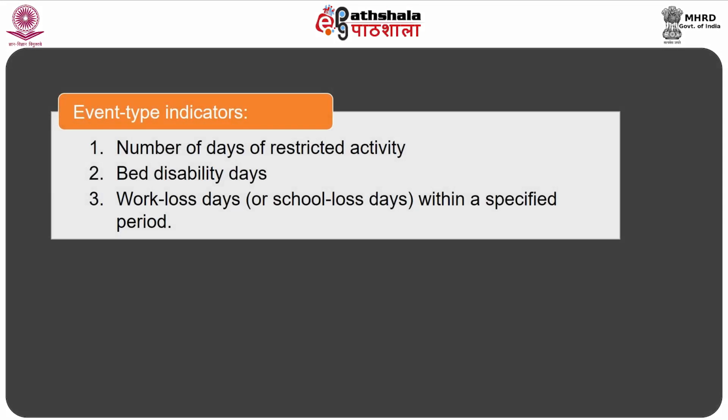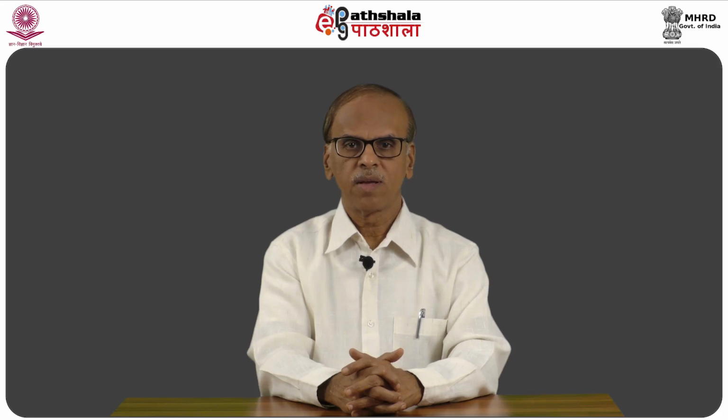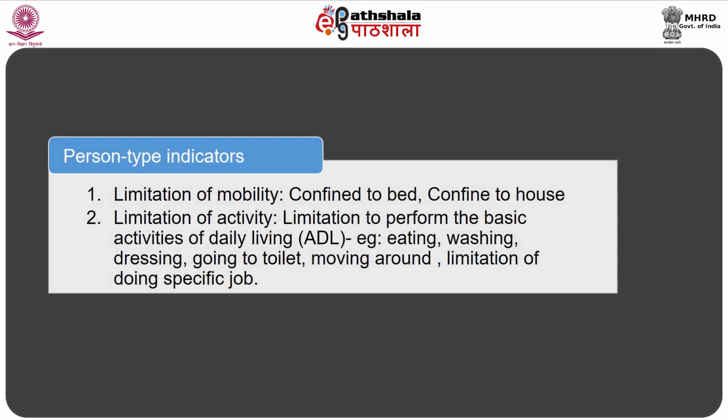A, event type indicators. Number 1, number of days of restricted activities. Number 2, bed disability days. Number 3, work loss days or school loss days within a specified period. B, person type indicators. Number 1, limitation of mobility, confined to bed, confined to house.